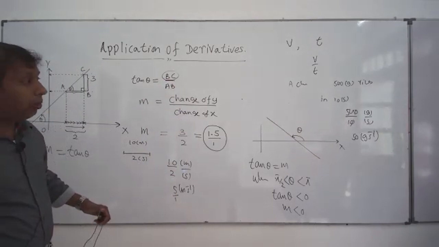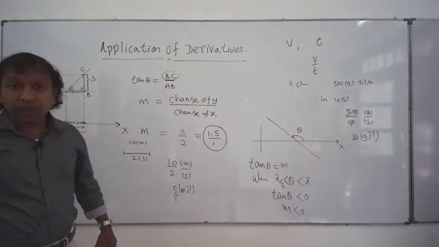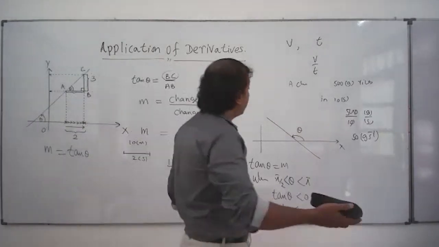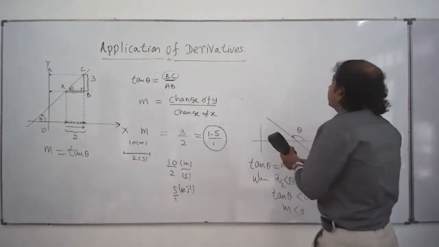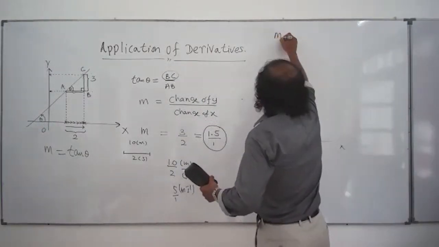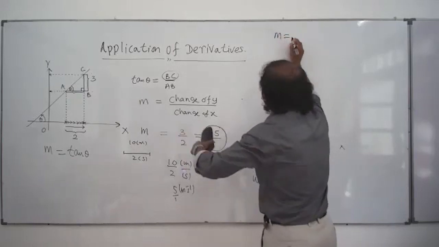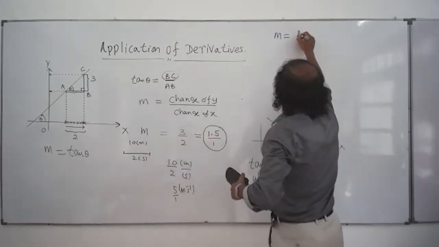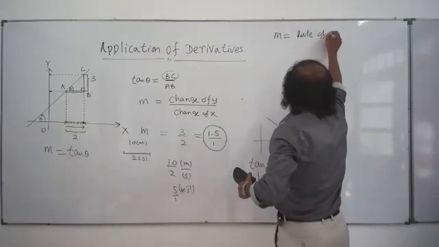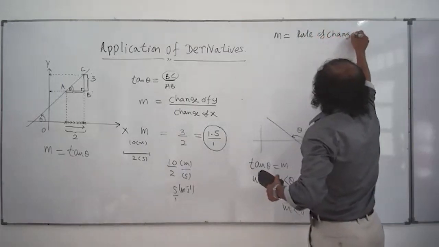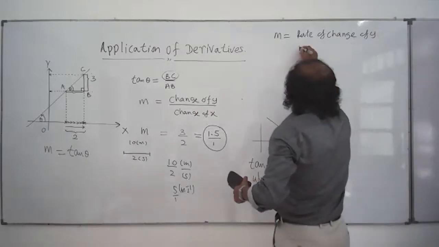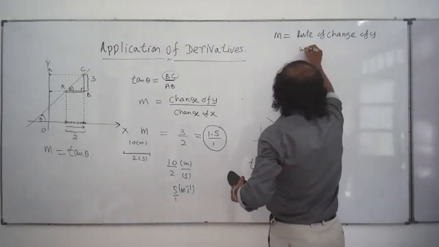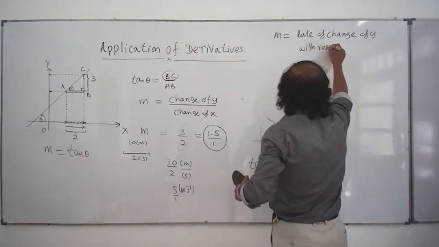Right. People, now, when I consider this thing again, now you know, people, gradient stands for rate of change. m is the gradient of this line. Rate of change of y relative to x or with respect to x, right?